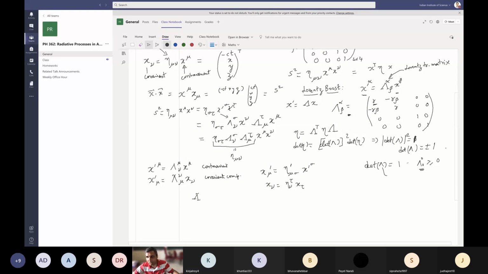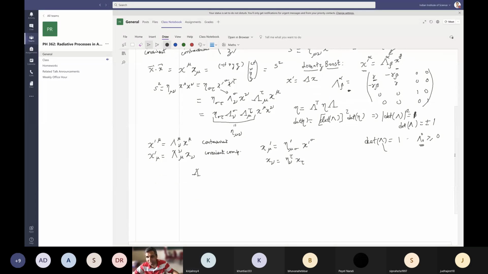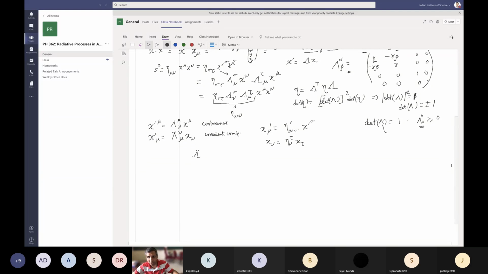So one has to be a little careful. Right. So lambda transpose is the inverse transform, and this tilde thing is the transformation of the covariant components.